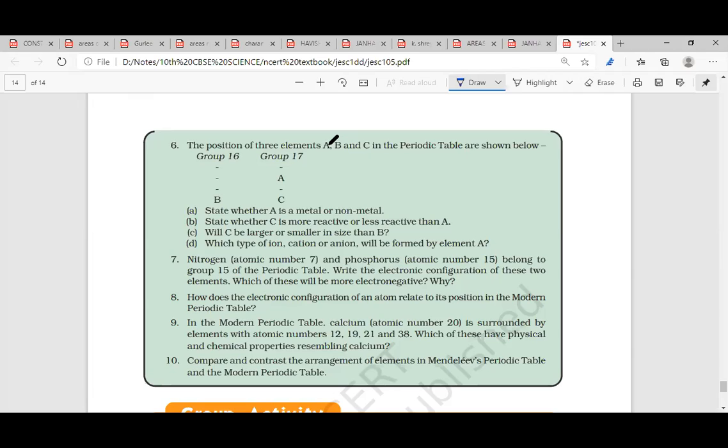State whether C is more reactive or less reactive than A. Check the group number and reactivity. What is the reactivity relation here? What do they do with electrons?